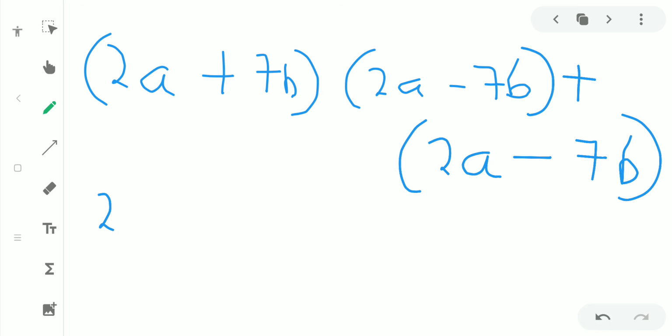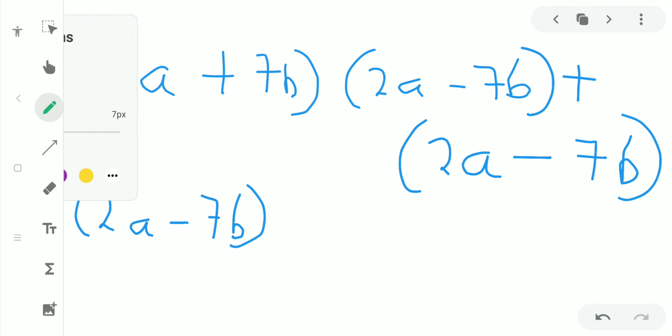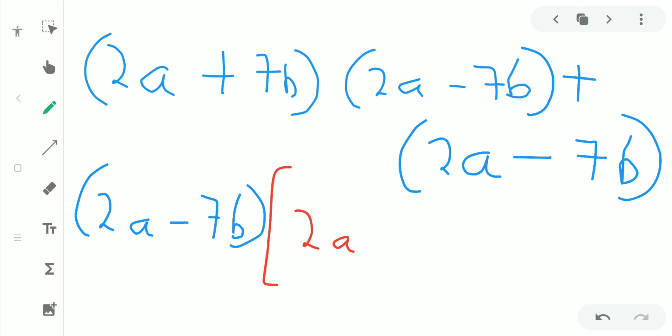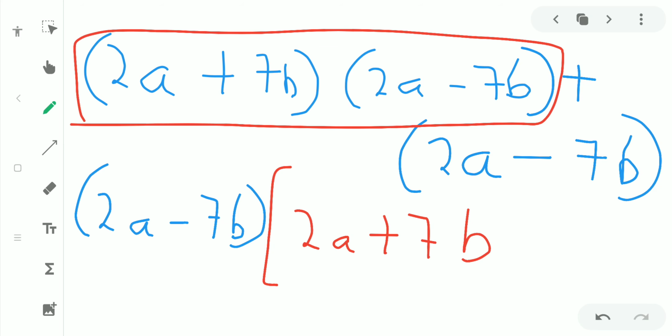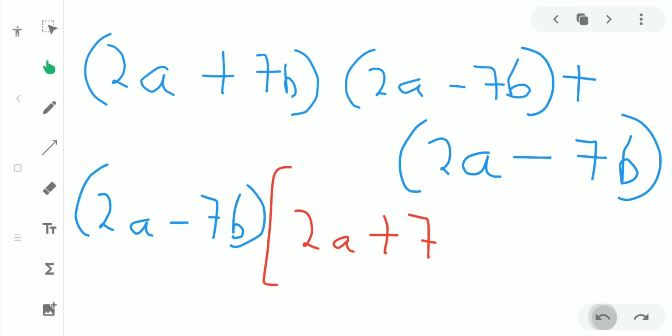On taking common, we will get 2a plus 7b, because here in this part the remaining one is only 2a plus 7b.